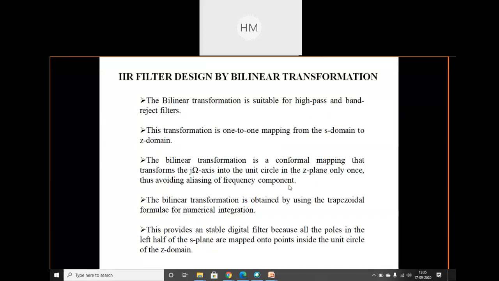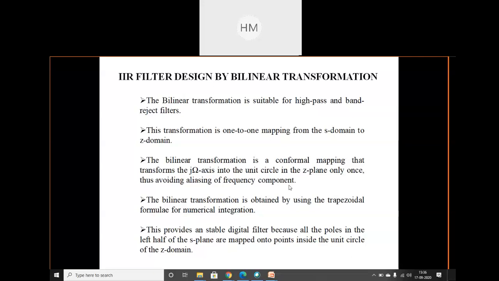So it does the conformal mapping that transforms the j-omega axis into the unit circle in the Z plane only once, thus avoiding aliasing of frequency components. This bilinear transformation is obtained by using the trapezoidal formula for numerical integration. Also, the transformation of a stable analog filter results in a stable digital filter.